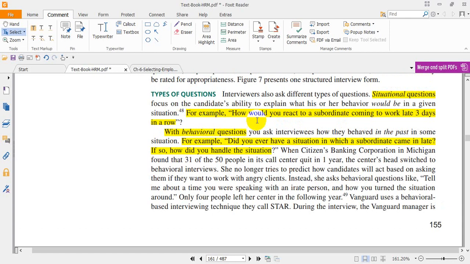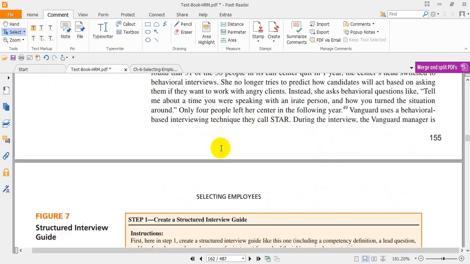So, in situational questions, how would you react to a subordinate coming to work late 3 days in a row? In behavioral questions, we ask the interviewees how they behaved in the past. Okay.